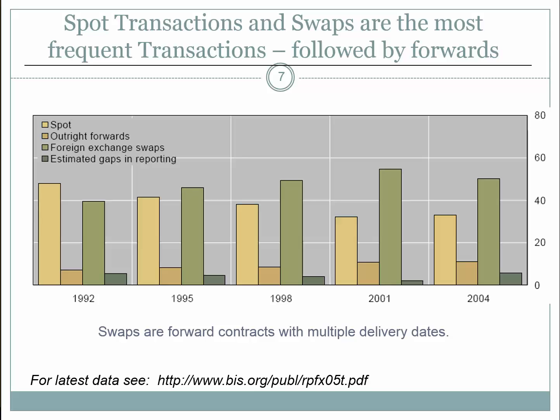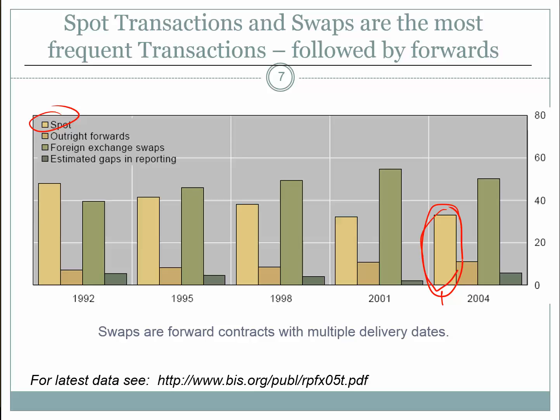If you look at the types of transactions, the transaction we're most familiar with are spot transactions. If you look at the composition of spot transactions, you can see that's not the largest market in the world for currencies. So let's talk about spot versus forward versus swap markets.